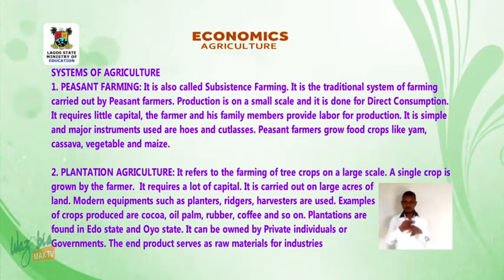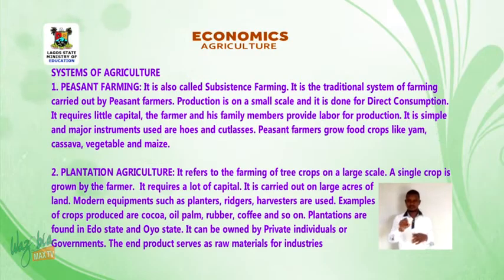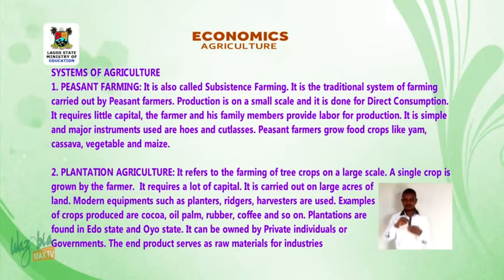Examples of crops produced are cocoa, oil palm, rubber, coffee, and so on. Plantations are found in Edo State and Oyo State. It can be owned by private individuals or government. The end products serve as raw materials for industries.